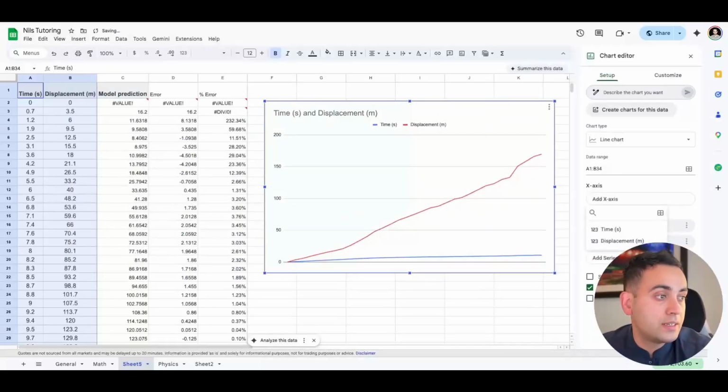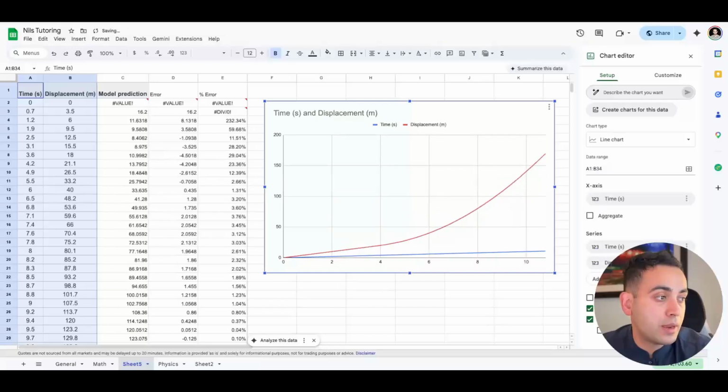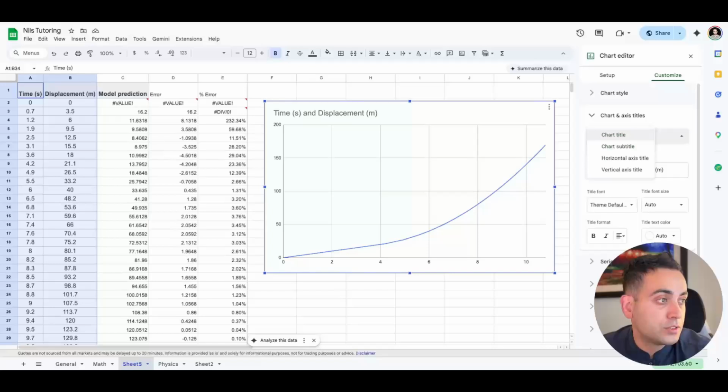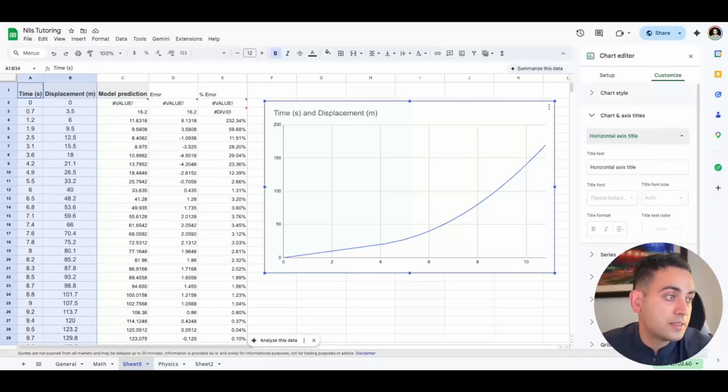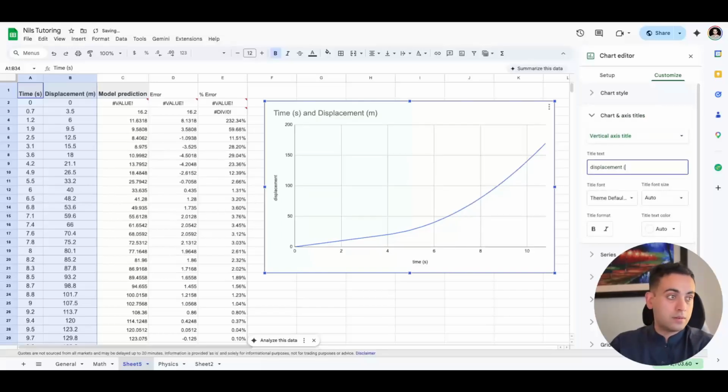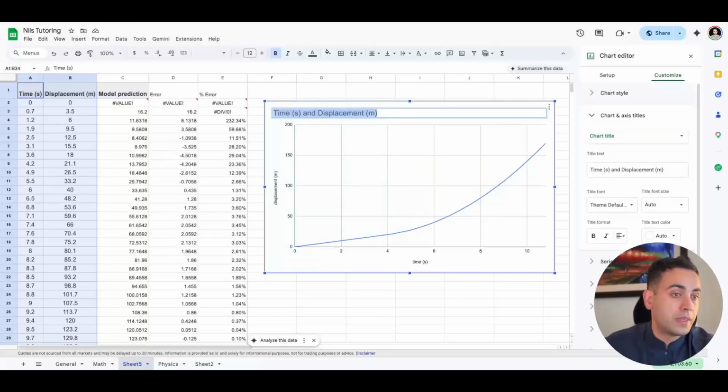And we will tell it that on the x-axis we have time, and on the y-axis we have the displacement. Okay, so the horizontal axis is titled time in seconds, and the vertical one is displacement in meters. So important stuff for a graph.